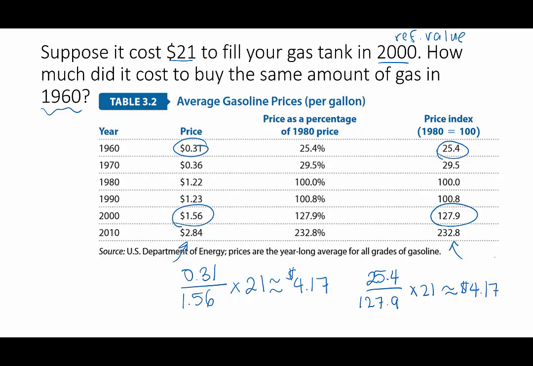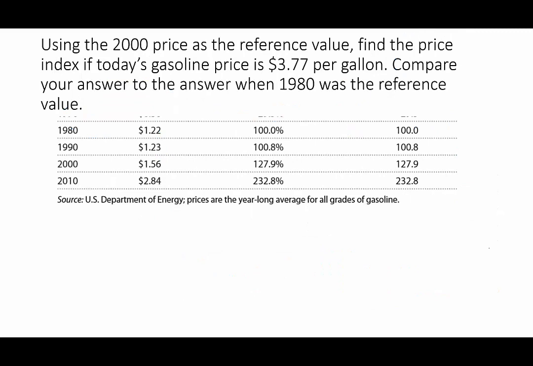Okay, in our last example, using the 2000 price as the reference value, here they actually have us make that switch. Find the price index if today's gasoline is $3.77 per gallon. Compare your answer to the answer when 1980 was the reference value. So we might have to go back and look. When 1980 was the reference value, we had a price index of 309.0.